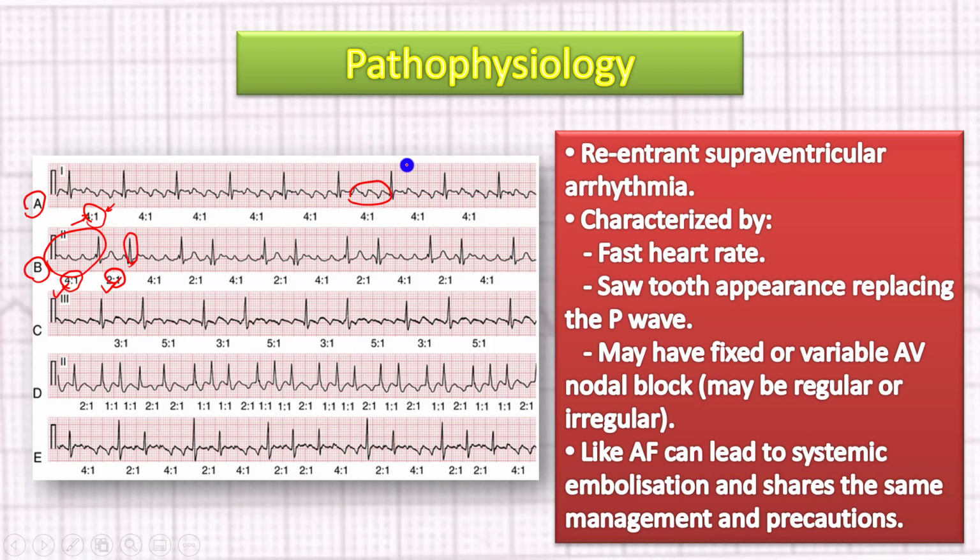And as we say, the atrial flutter may be regular and may be irregular like AF, but its regularity is actually caused by the variability of AV nodal block.